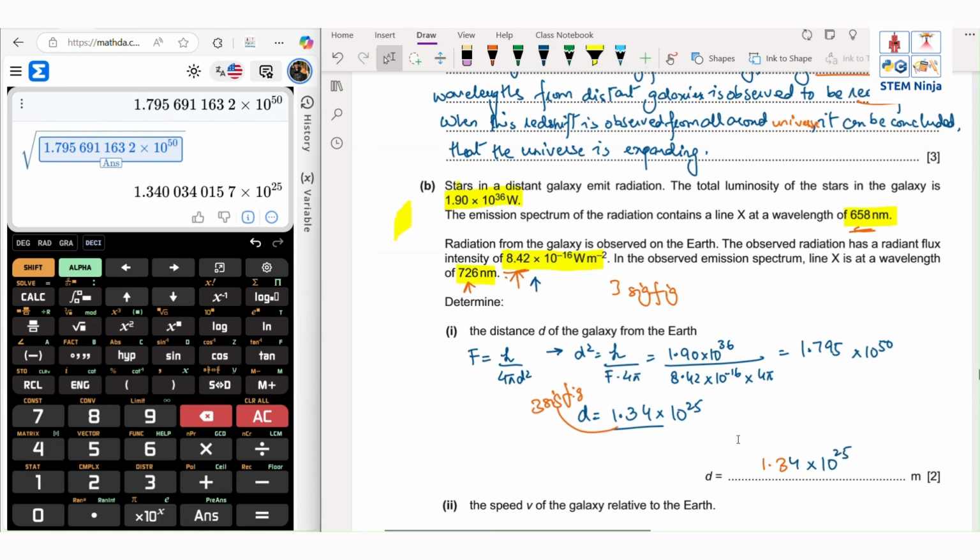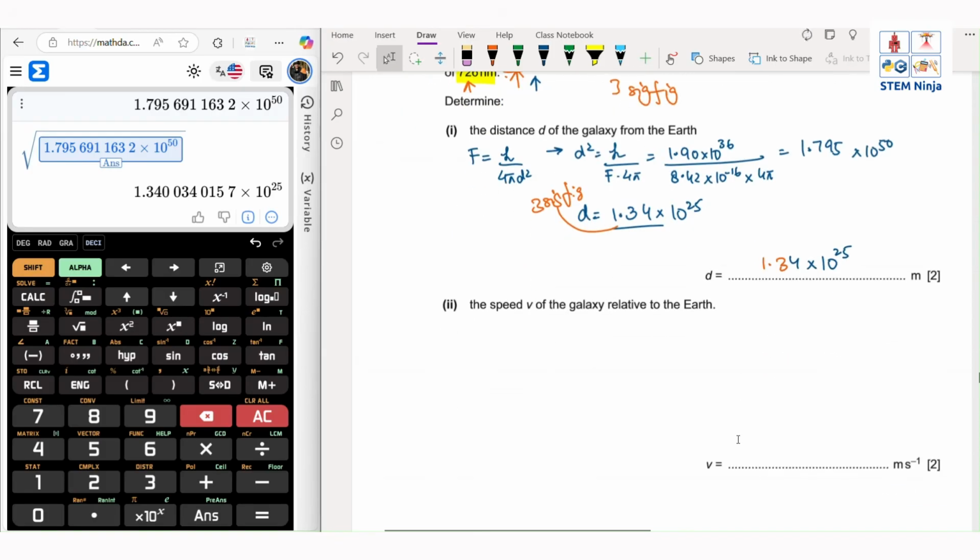Okay, speed v of the galaxy relative to the Earth. So we can find this using the redshift. Change in wavelength over the original wavelength, the wavelength from a stationary source, is v over c.